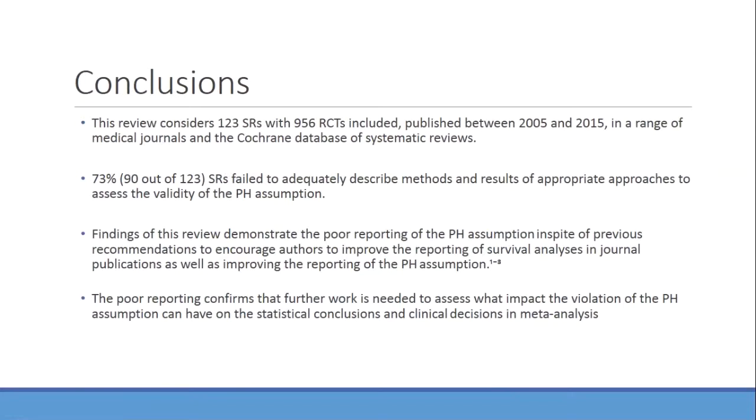Findings in this review demonstrate the poor reporting of the PH assumption in spite of previous recommendations to increase the reporting of survival analyses in general, as well as improving the reporting of the PH assumption.